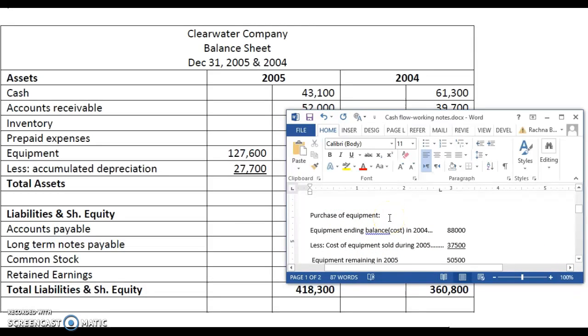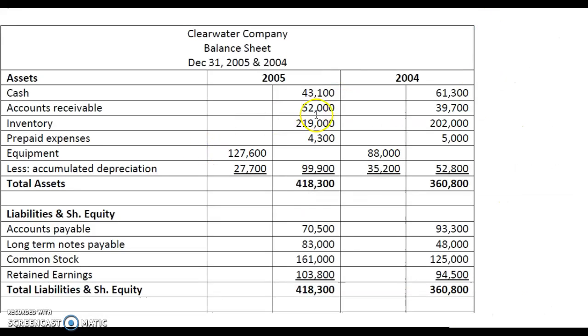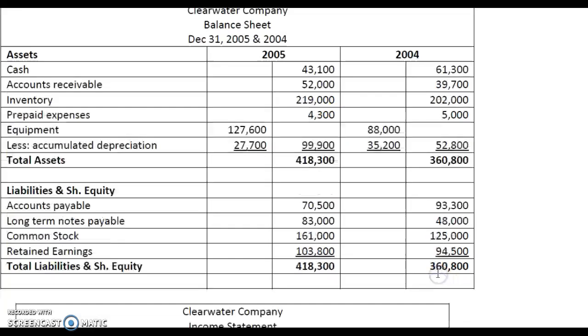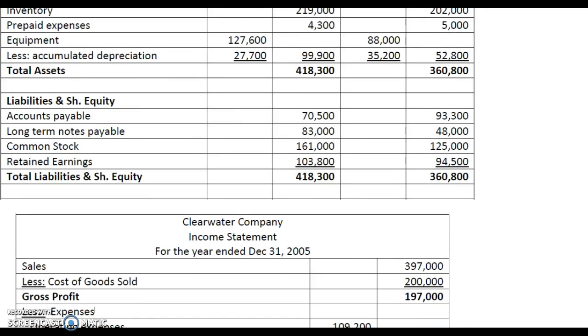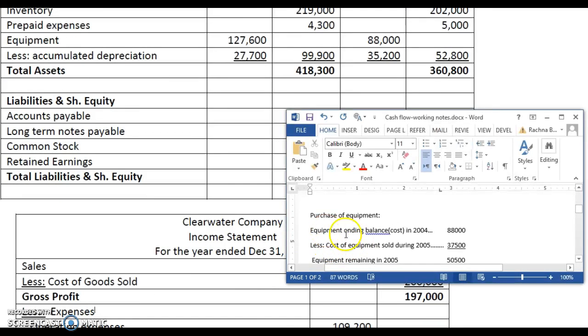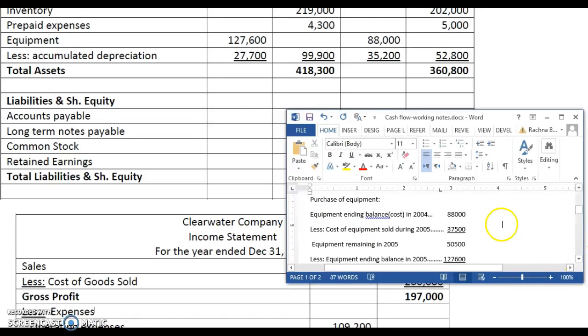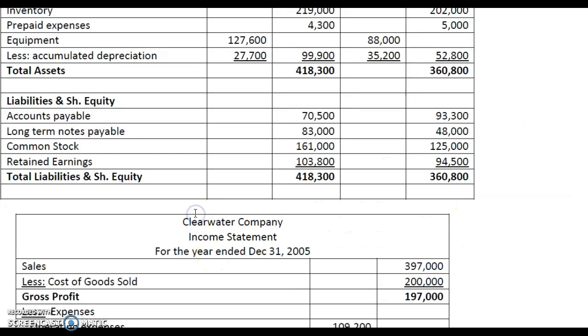This is the calculation for purchase of equipment. We start with the equipment beginning balance, which means the equipment in 2004. So the equipment in 2004, as you can see, was 88,000. And then from this you will deduct the equipment which has been sold to arrive at the remaining equipment in 2005. So the cost of equipment which has been sold is 37,500, which is given in the question.